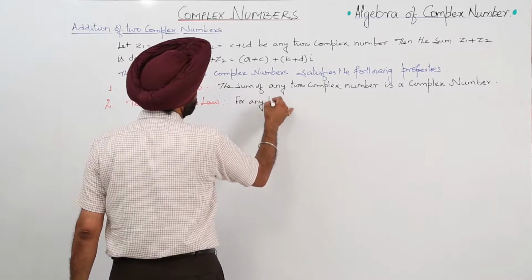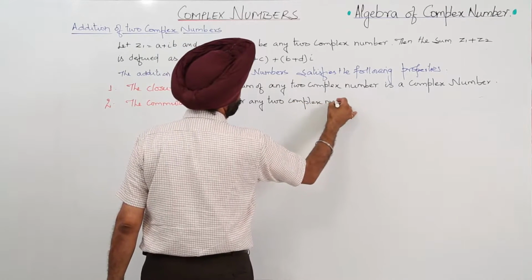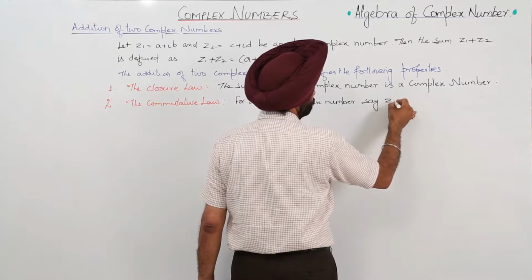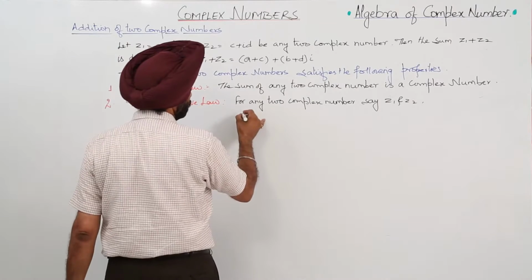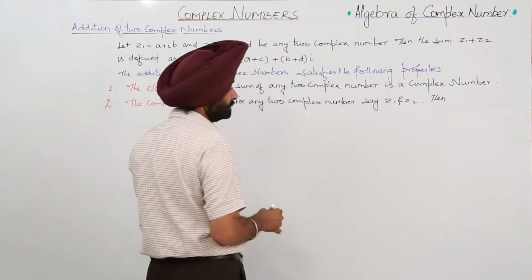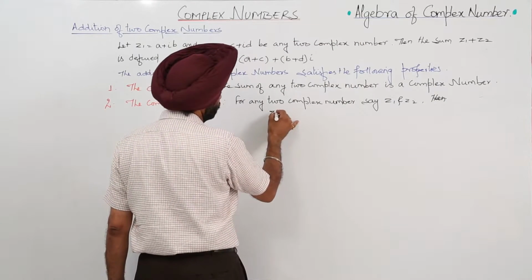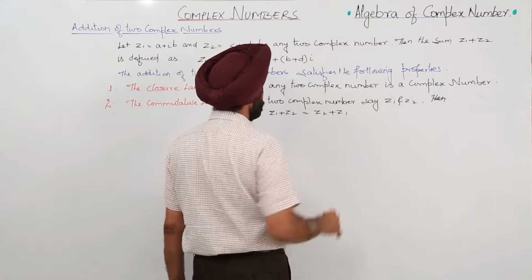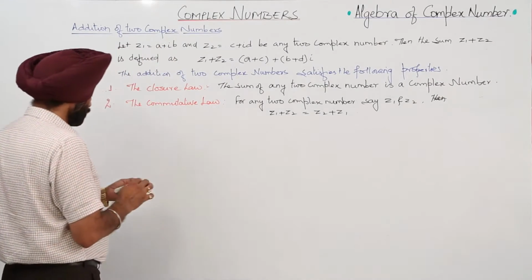For any two complex numbers, say z1 and z2, then z1 plus z2 is equal to z2 plus z1. One and the same thing. Either you are adding these two or you are adding these two, the result will be the same. Is it clear?